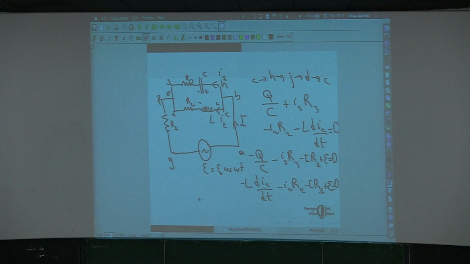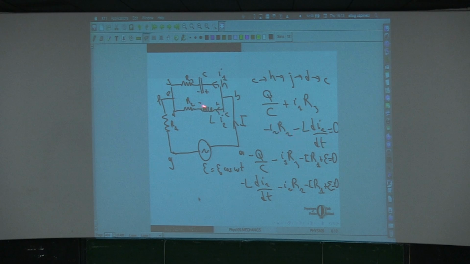Which ones? Well, there are two things. One of them is, okay, the direction of I2 is the same, but in this equation we are moving from C to D. In this one, we are going from D to C. Okay, fine.